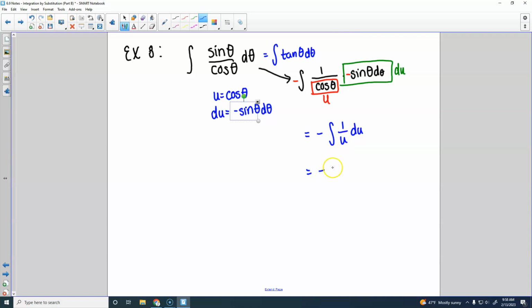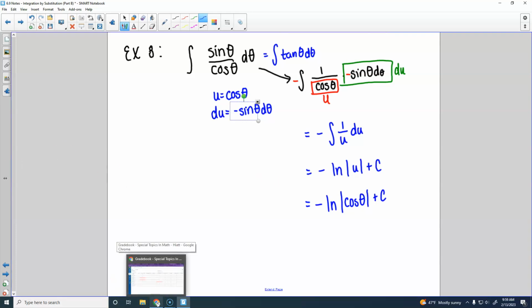Natural log of the absolute value of u plus c. So I end up with negative natural log absolute value of cosine theta plus c. To me, it's kind of crazy how natural log finds its way into the derivative of a trig function. All right, I think what I had there on the end is not right.